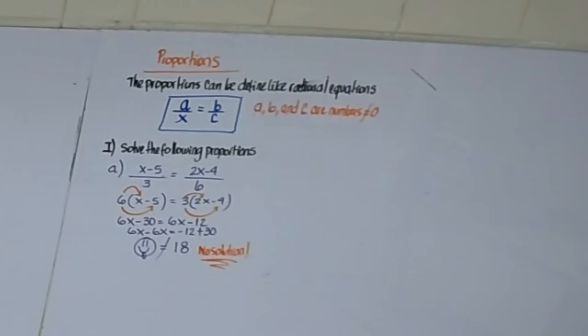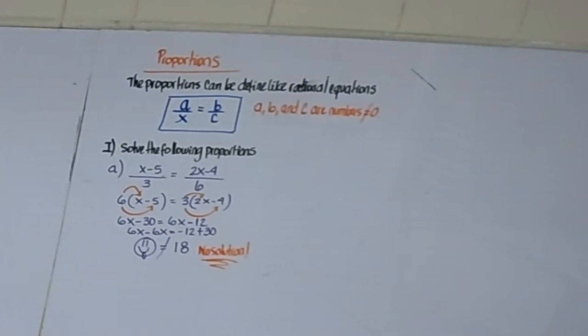And I have a question for you guys. What is the name of the linear equations or systems when they don't have a solution? What is the name? Remember, we have 3 kinds. Inconsistent. Perfect. Consistent is when we have one single solution. Inconsistent is when it doesn't have a solution.